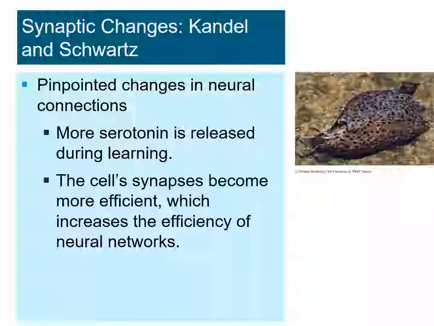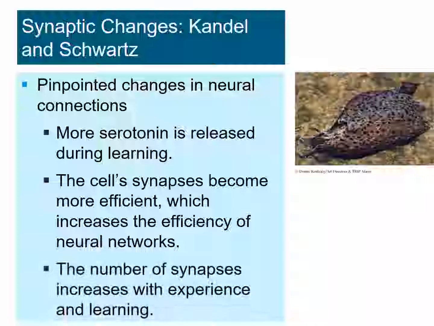The cell synapses, which we talked about, that space in between that allows communication between neurons, become more efficient, which increases the efficiency of the neural networks. So here, serotonin seems to be driving learning, which is pretty cool.